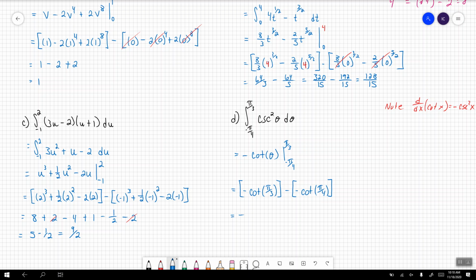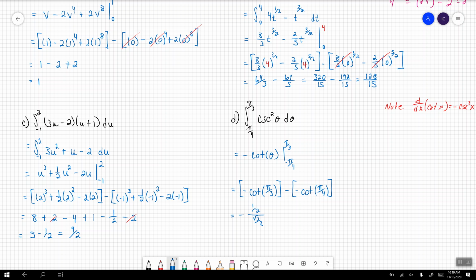So the value of cosine at pi thirds is 60 degrees. So when we look at the value of 60 degrees, we're going to look at the cosine argument, and the cosine is going to be 1/2 at pi thirds. The sine evaluated at pi thirds is going to be √3/2.